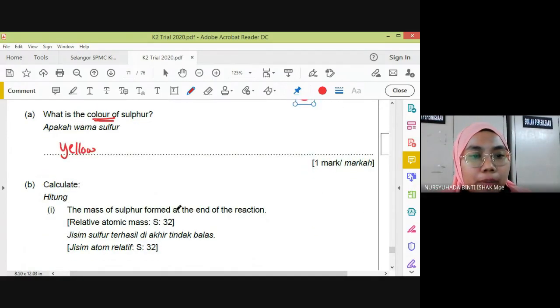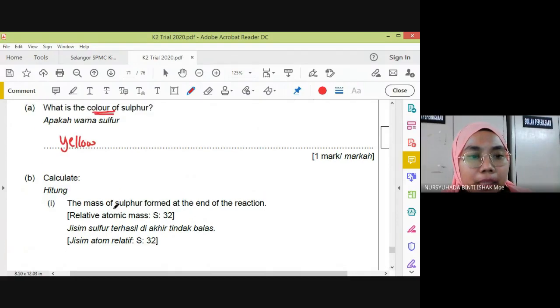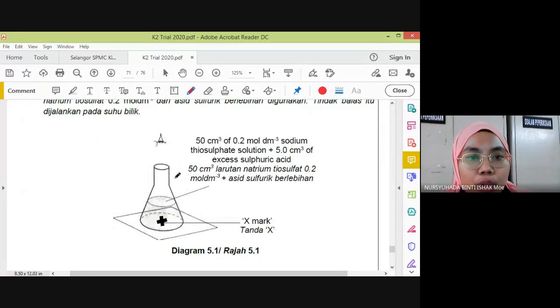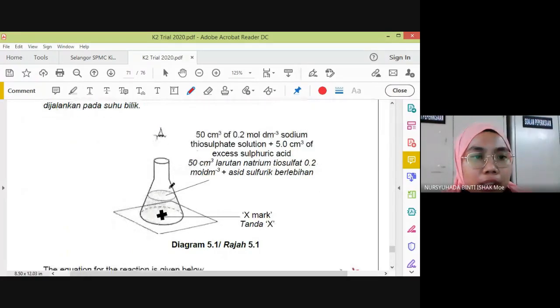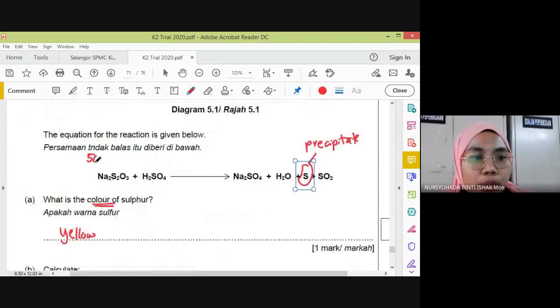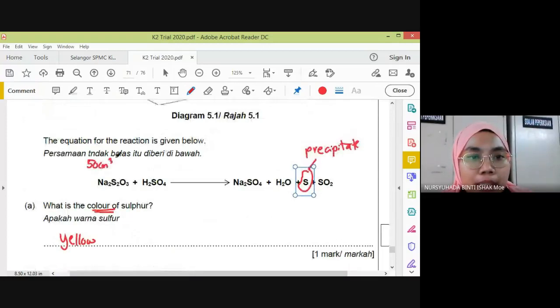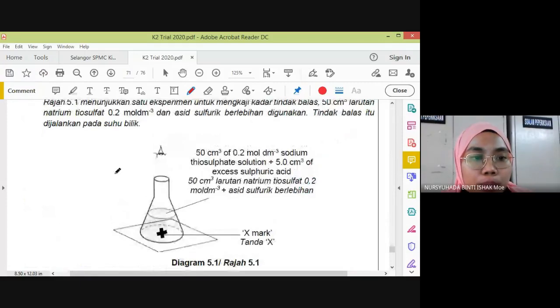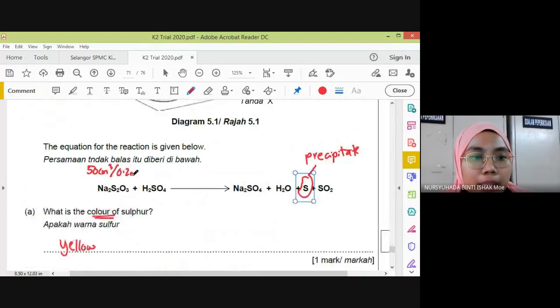Okay, next. Calculate the mass of sulfur formed at the end of reaction. So dia minta kamu kira mass sulfur, tapi yang dia bagi data adalah untuk sodium thiosulfate. Dia bagi kamu sini 50 cm cube sekali dengan concentration dia adalah 0.2 mol. Okay, apa kita nak buat guys?